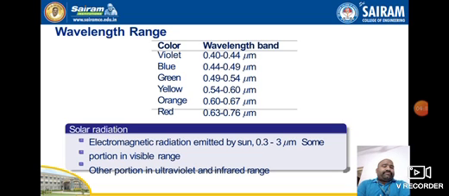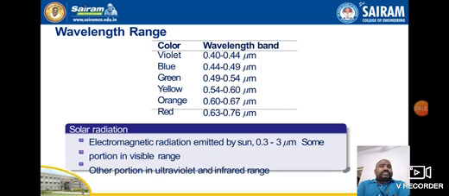And there are different ranges of wavelengths. Depending upon the color, the wavelength band will be there. So violet is 0.4 to 0.44 micrometer, and yellow is 0.54 to 0.6 micrometer, like that. Depending upon the color, the wavelength band changes.